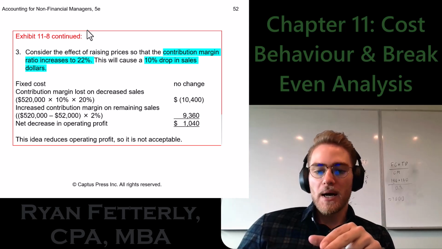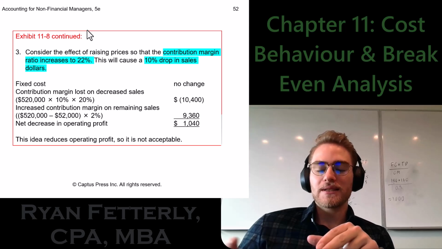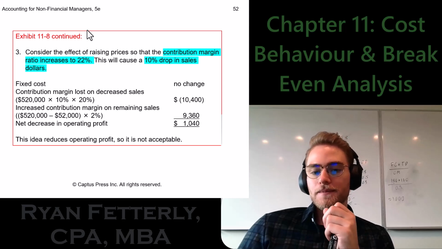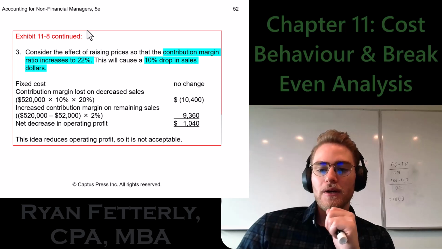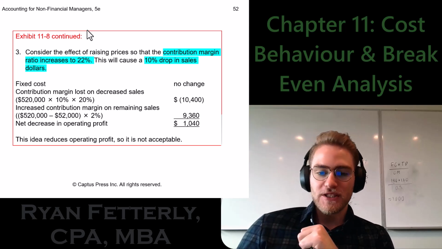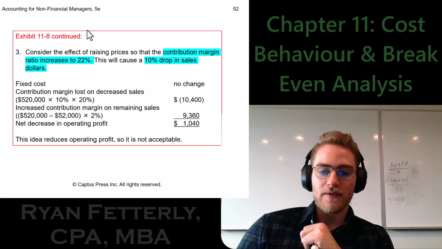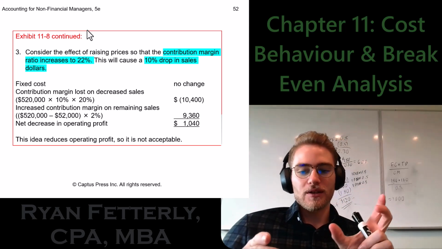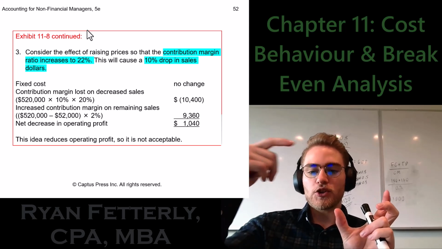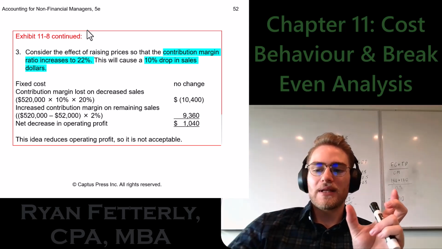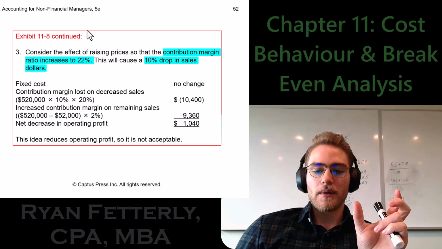But we're going to see an increase in the contribution margin of what's left over. In the above, our sales are dropping by $52,000, which is 10% of $520,000, and currently we make 20% on those sales. So that's where the 10,400 is coming from.